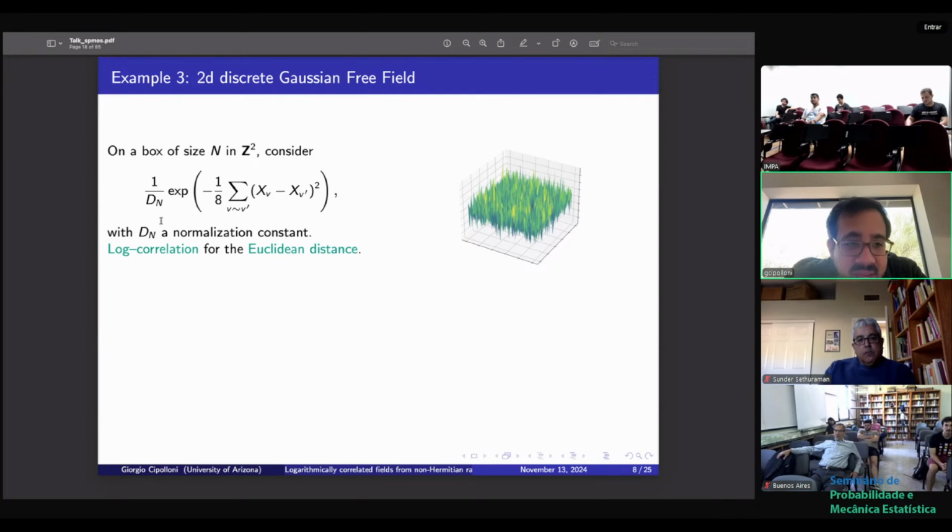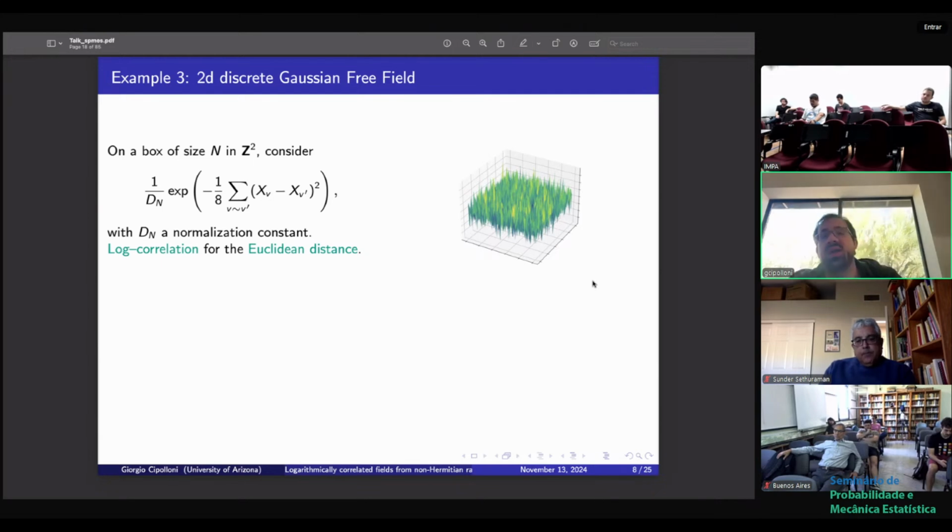D_n is a normalization constant, and the distribution of X is given by the following Gaussian measure, where this tilde means that it's a nearest neighbor interaction, so v and v' are close to each other. And this is a log correlated field in 2D, with respect to the Euclidean distance.